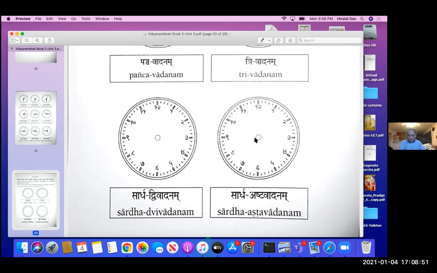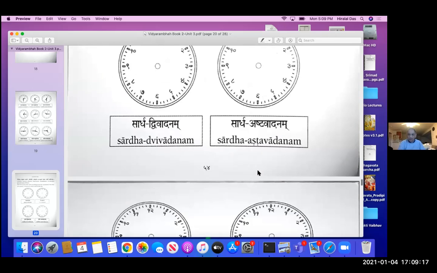So the shorter hand will be between 8 and 9, and the longer hand would be at 6, indicating 30 minutes. Asta is 8. Sardha Astavadanam: between 8 and 9 should be the short hand, and at 6, the long hand.